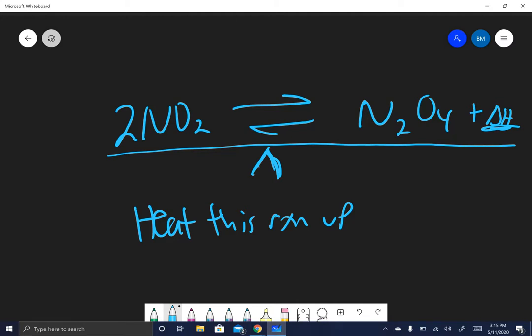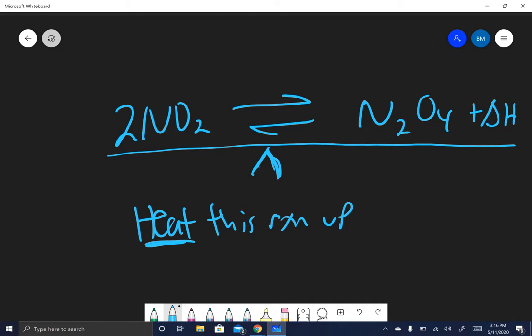The way I teach this is we treat heat, temperature, and energy as all kind of the same thing, which is really dangerous because temperature is just a measure of the average kinetic energy. But in this case, let's say this reaction's in a sealed container, and I heat the whole thing up.